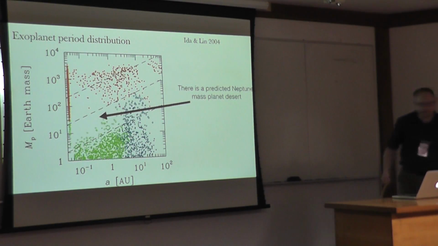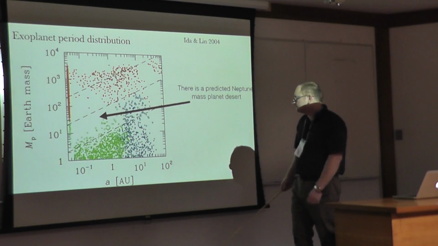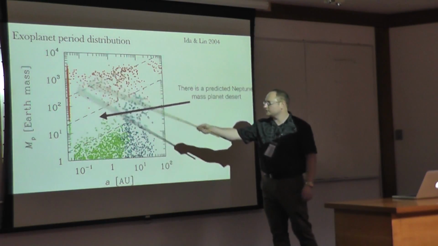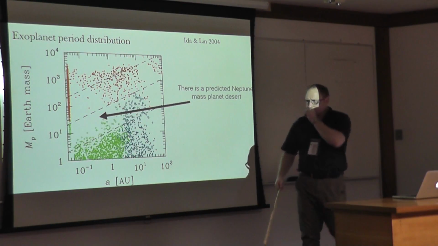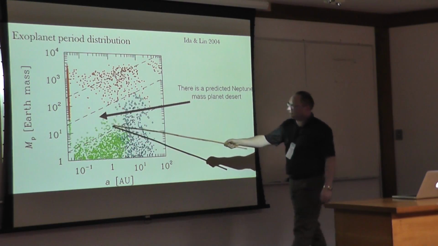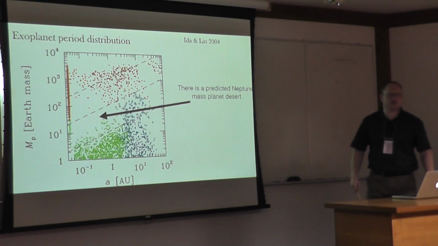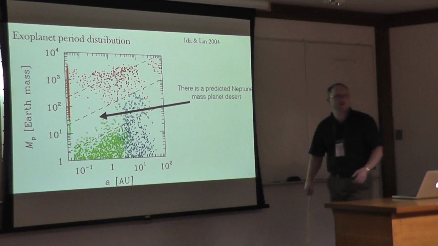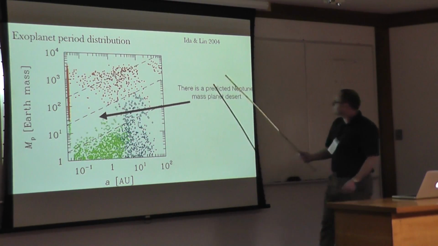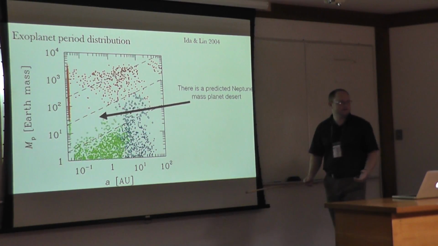So, continuing with the population synthesis results, where now we're again looking at period, semi-major axis in this case, against Earth mass. And one of the predictions, kind of down here, that came out of this population synthesis, remember core accretion modelling for planet formation, was that there was a predicted Neptune mass desert on short periods.